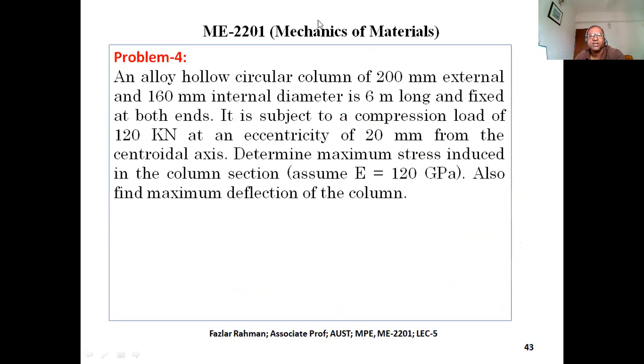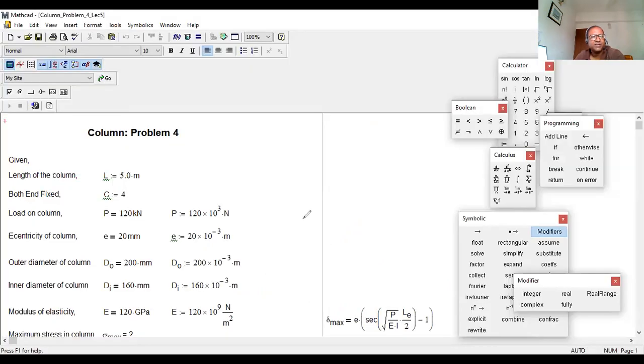Let's see how we can solve this problem. Did you see the MathCAD file? Yes, sir. Okay, so at first we see what type of data is given.